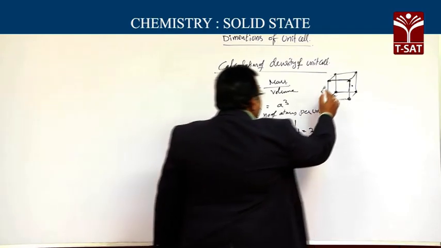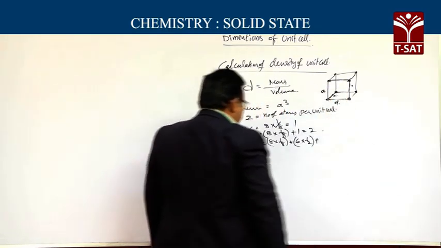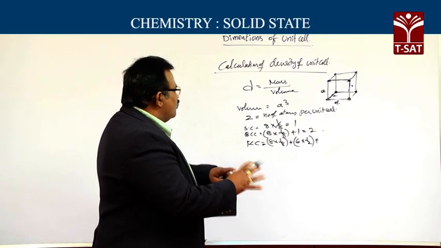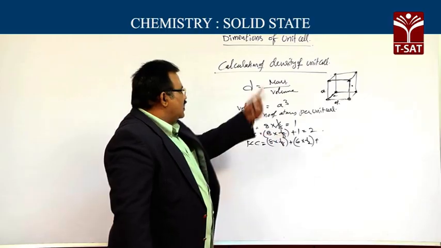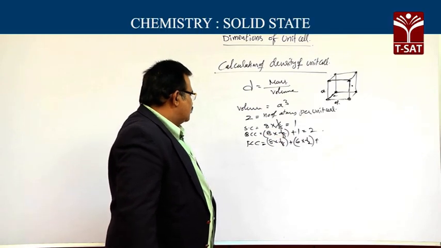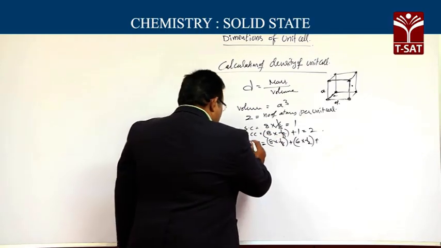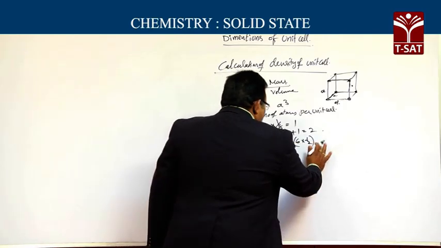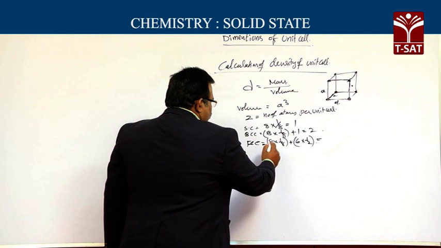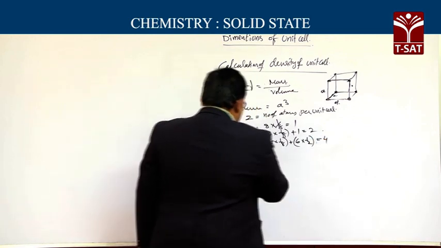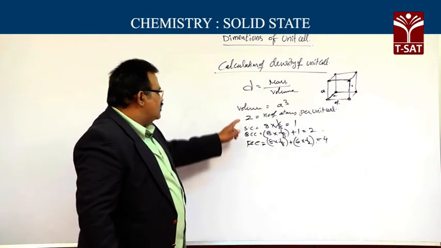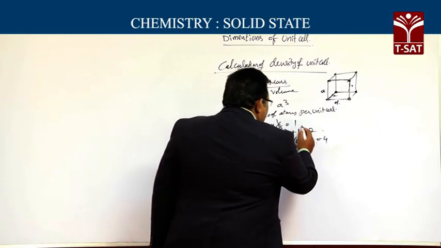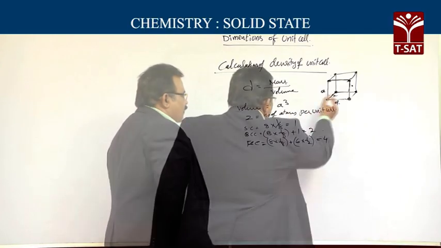There are 12 edges in this. If it is an ionic compound, the opposite charge ions will be present on the edge. If it is a metallic FCC crystal, the contribution is 4. So, for FCC, Z is equal to 4. So, number of atoms per unit cell is calculated.